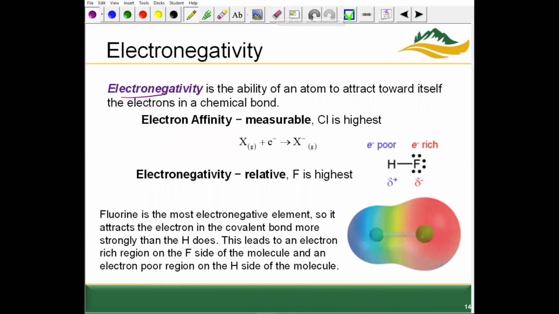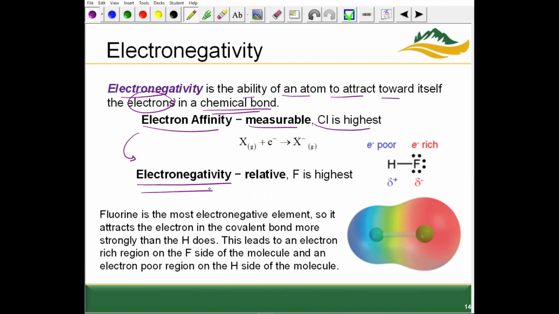So electronegativity is defined as the ability of an atom to attract toward itself the electrons within a chemical bond. Electron affinities, like we saw in Chapter 8, those are measurable quantities, and chlorine has a really high electron affinity. Similar but slightly different is the electronegativity.